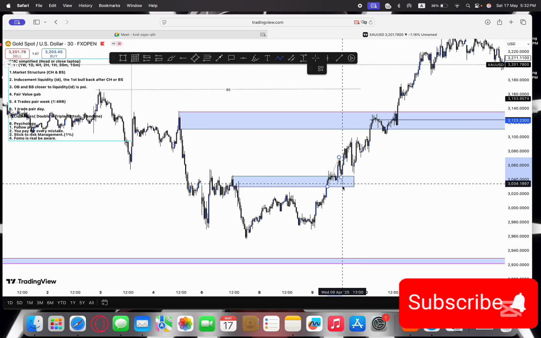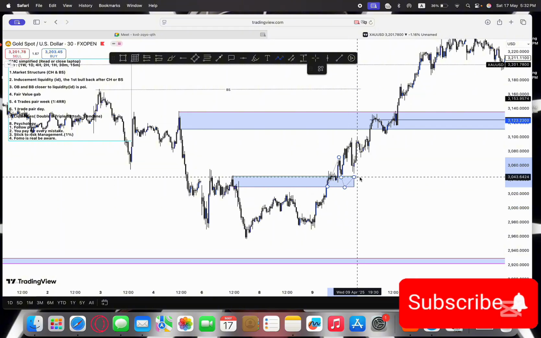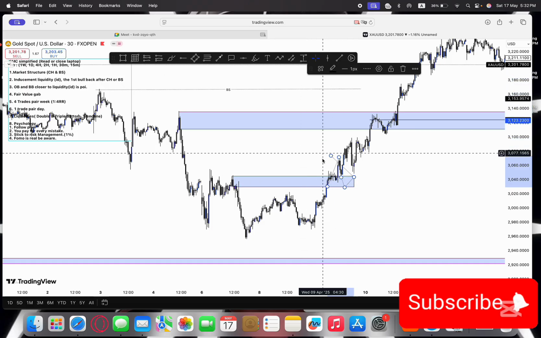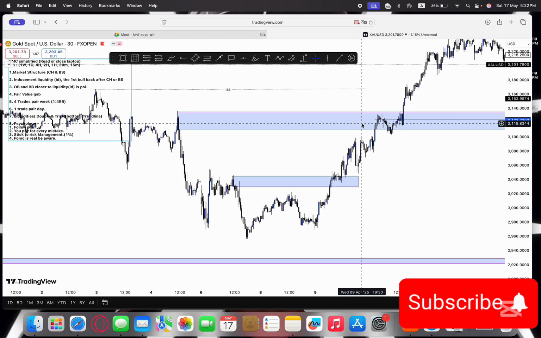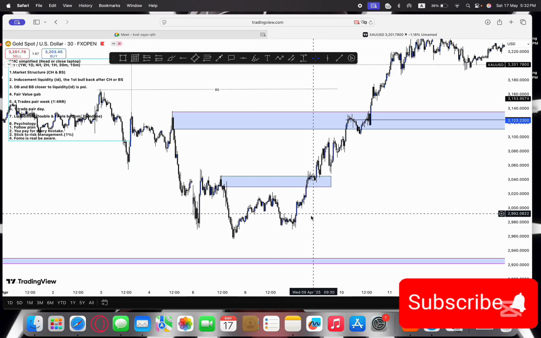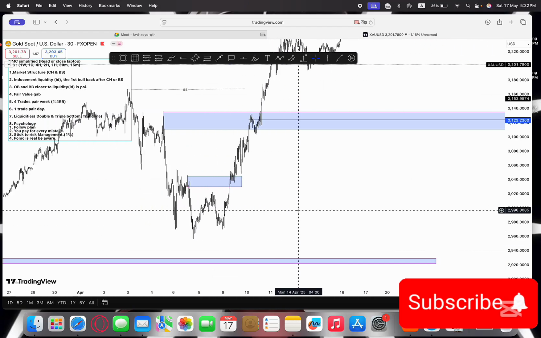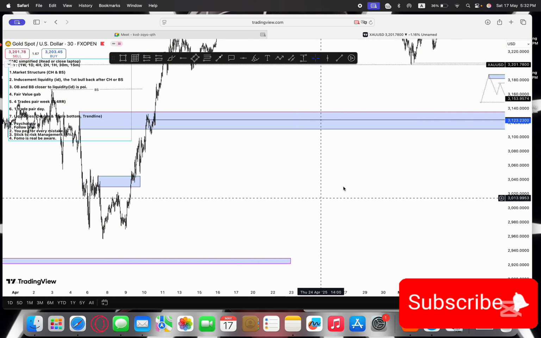If it hadn't been respected, then we would have been waiting for a confirmation or a trade on this breaker block, but right now it has been respected, so no need. So that is an invalid breaker block. That is the definition of breaker block.